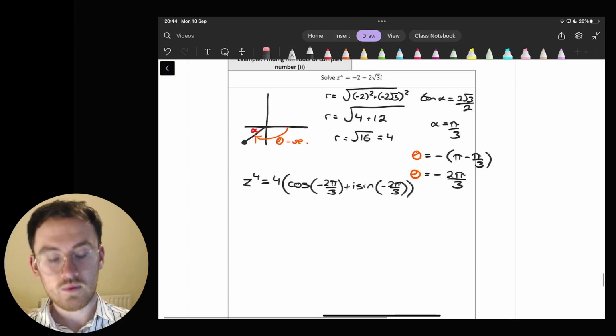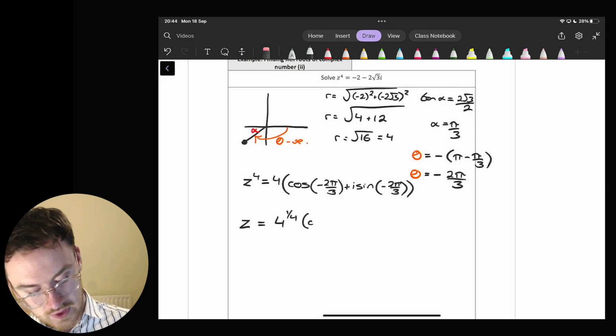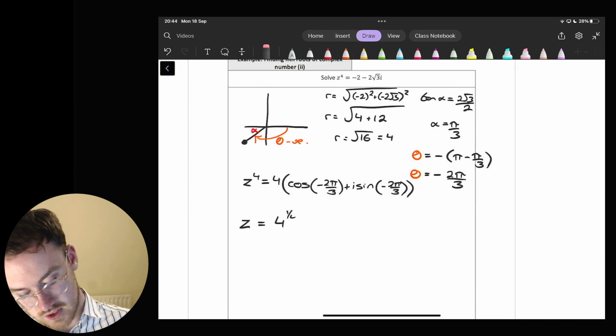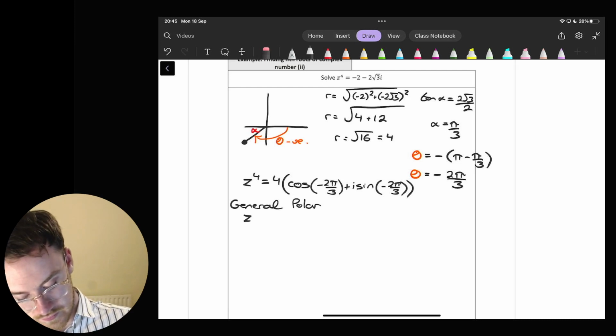Okay, we need to go that step further now this time. So we're looking to find what z is. That's going to be 4 to the power of a quarter cos a quarter. Sorry, I've forgotten our step in between. We need to rewrite in general polar form. So let's go again. So writing in general polar form, then we're including that 2 pi.